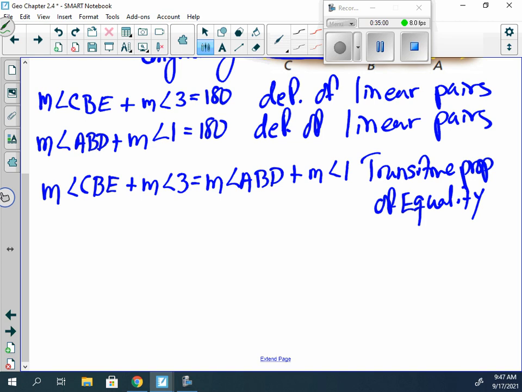And I'm going to cheat here. Well, okay, no. Now, what do we know about the measure of angle 3 and the measure of angle 1? They are the same, yes? So what I can do is use the substitution property of equality and replace that with the measure of angle 1.